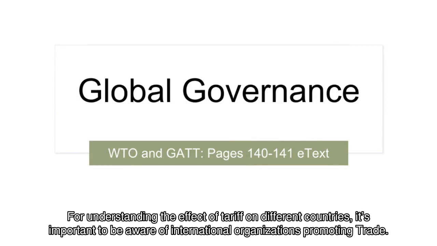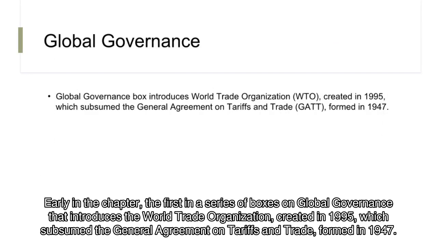For understanding the effect of tariff on different countries, it's important to be aware of international organizations promoting trade. Early in the chapter, the first in a series of boxes on global governance introduces the World Trade Organization, created in 1995, which subsumed the General Agreement on Tariffs and Trade, formed in 1947.